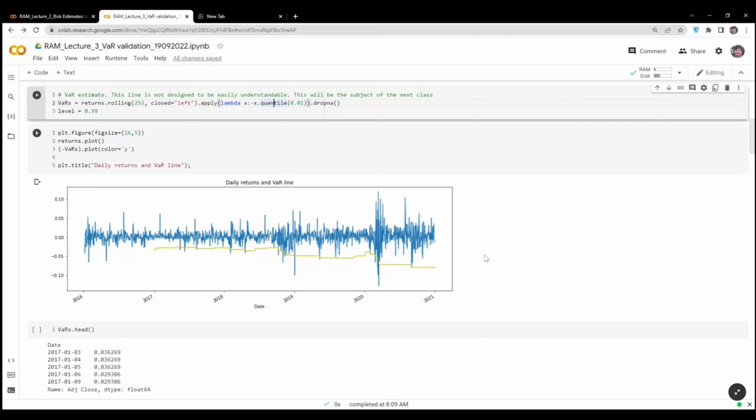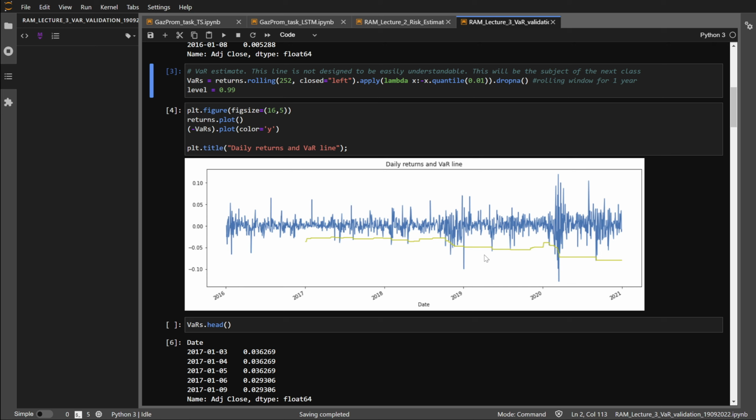So I put myself at some point in the past. I imagine what would happen if I had only the information up to this date. I use this information for calculation of risk for the upcoming day. Then I imagine what return I'm going to face if I live this day. So I add this information to my sample, and then I can rerun this algorithm all the way from previous dates to the current date.